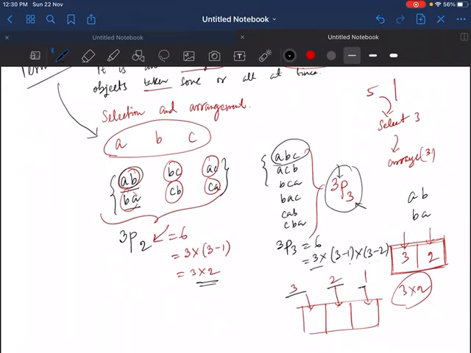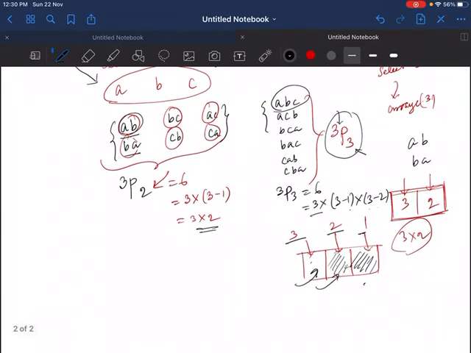It's just like if I fill one box, then for the other box, how many ways can we fill it? 3 minus 1. Then for the next box, 3 minus 2, because the 2 elements have already been used in the previous 2 compartments. The first one will be 3. So this is a very, very important thing which you must remember.